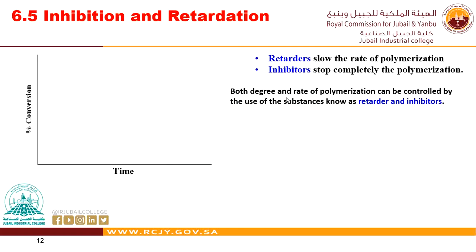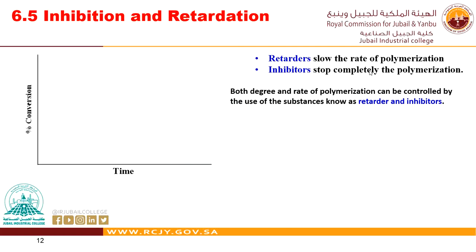So that is why, according to the United States Department of Transportation, which we usually call DOT, transportation of styrene monomer without inhibitor is prohibited, because inhibitor usually will stop the polymerization during the transportation process, such that unexpected polymerization will not happen.